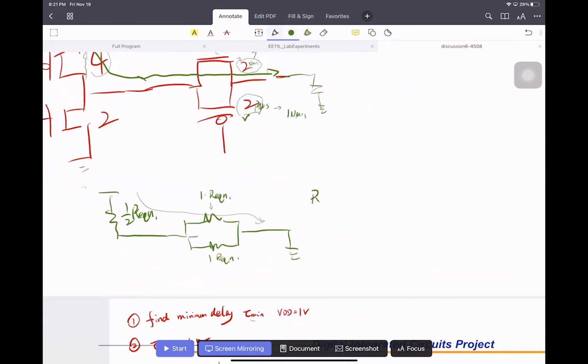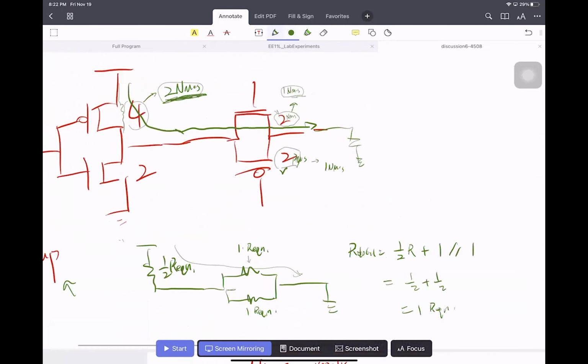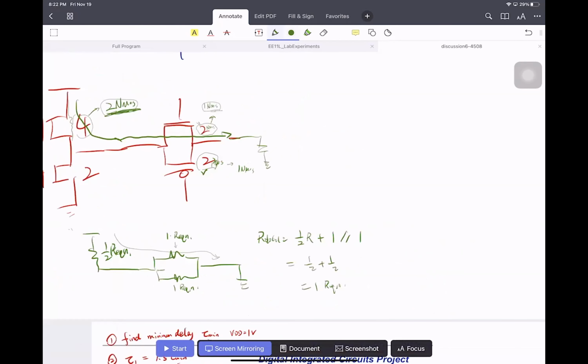So we calculate R total in the path. That is equal to 1 over 2 R plus 1 in parallel with 1. That is another half. That is equal to 1. So in the whole path, the total resistance is just 1 R equivalent N.